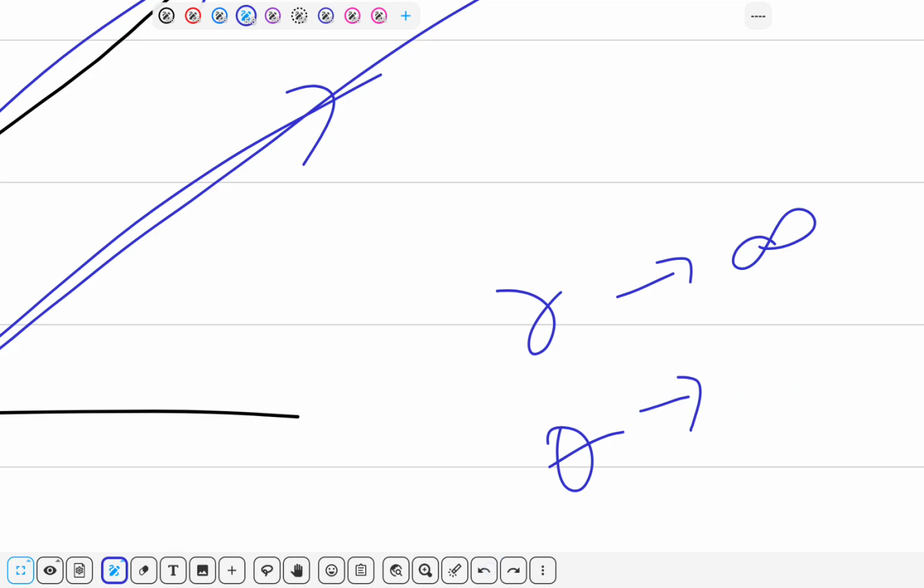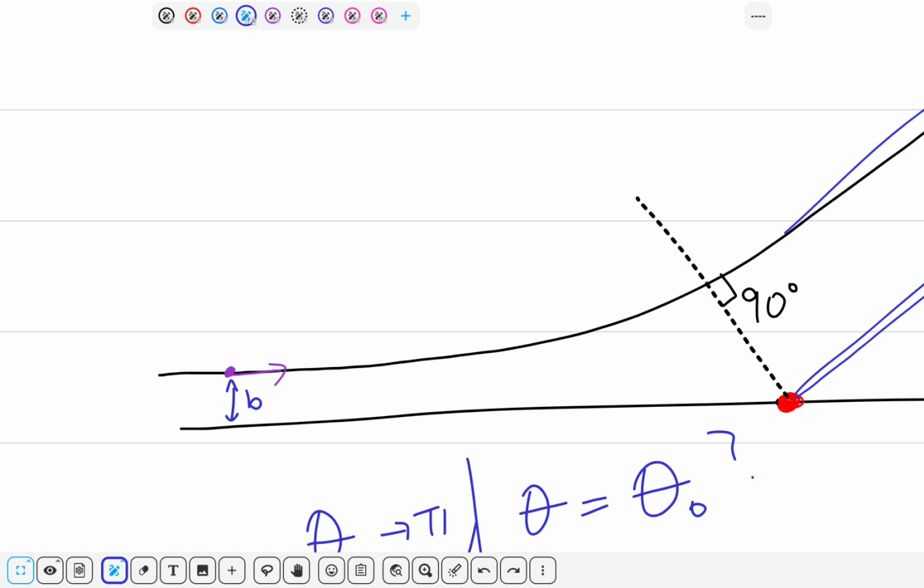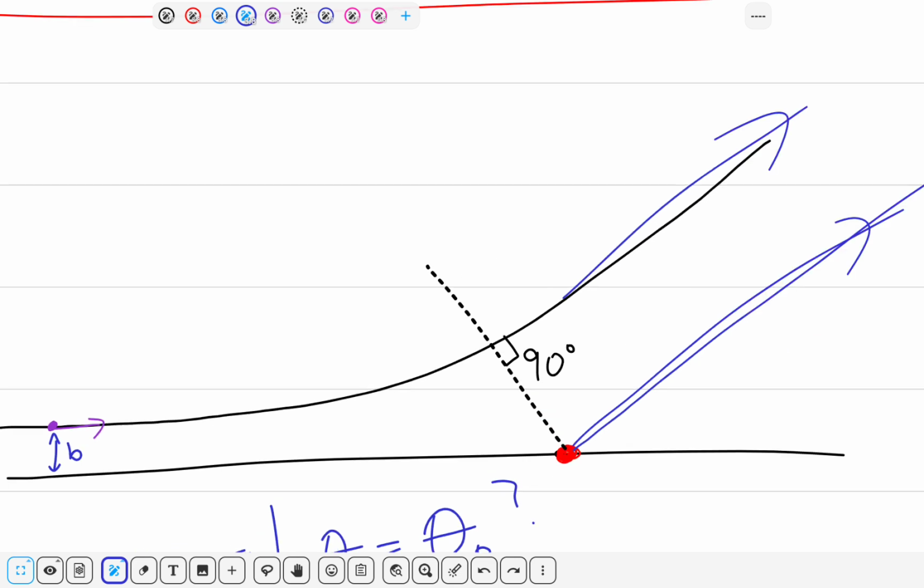It will approach some angle. Just like here, as r was going to infinity, theta was going to pi. Something similar should happen here. But what is it? That is a question in itself. I wish I knew what it was exactly, but I just don't.